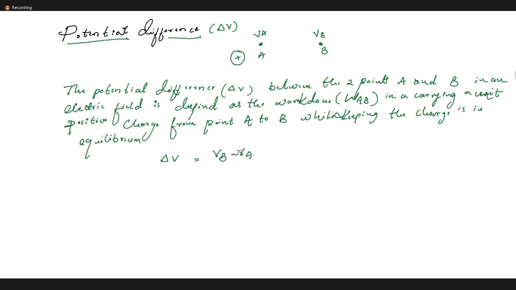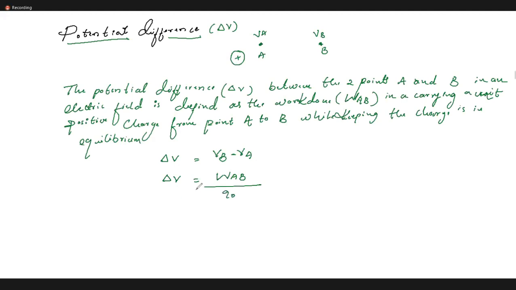Or else I can say delta V is equal to the work done in bringing a charge from one point to another, so delta V equals work done divided by Q naught.